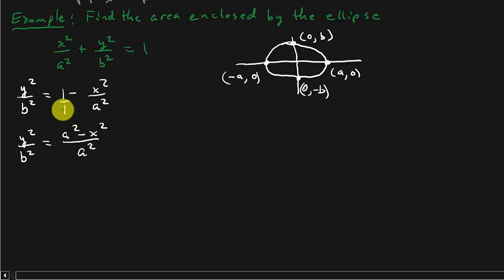I just got a common denominator of a squared, so the numerator is a squared minus x squared over the common denominator, a squared.